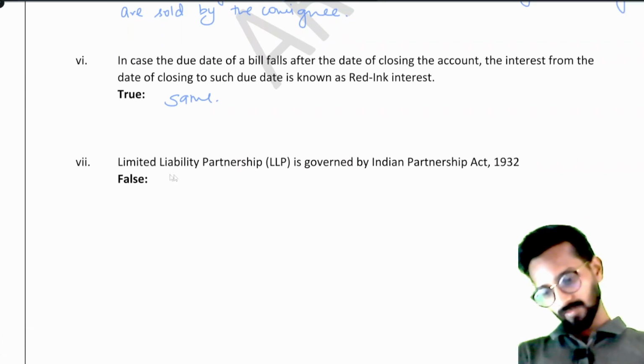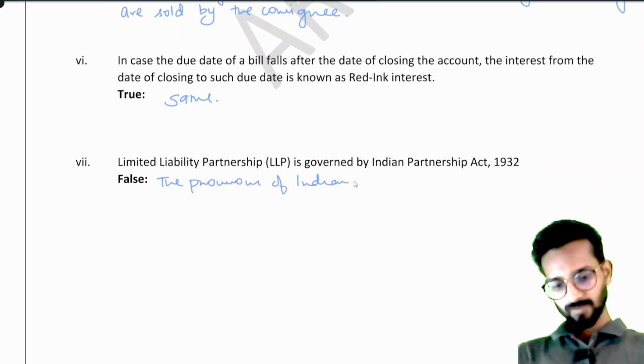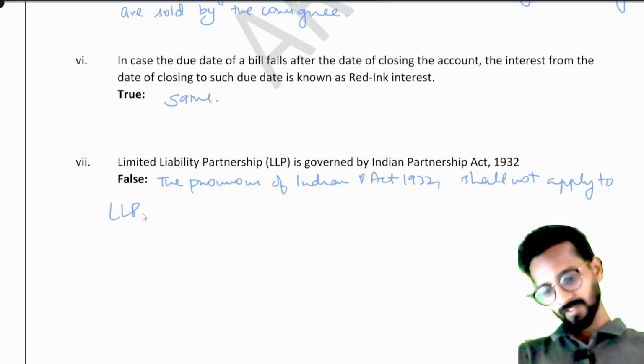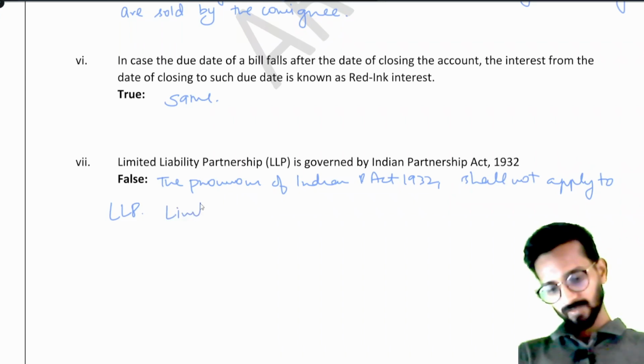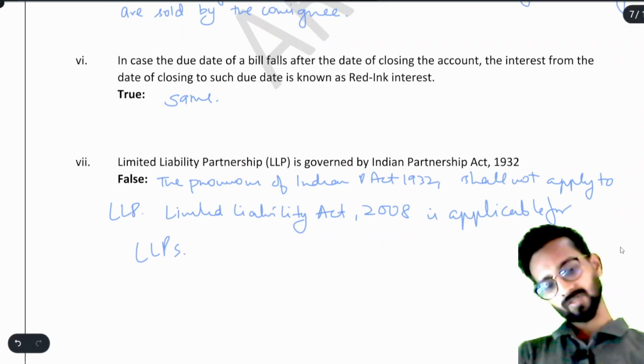Because the provisions or the rules of Indian Partnership Act 1932 shall not apply to limited liability partnership, because limited liability partnership itself has an act. Okay, Limited Liability Partnership Act 2008 is applicable for LLPs. समझे?